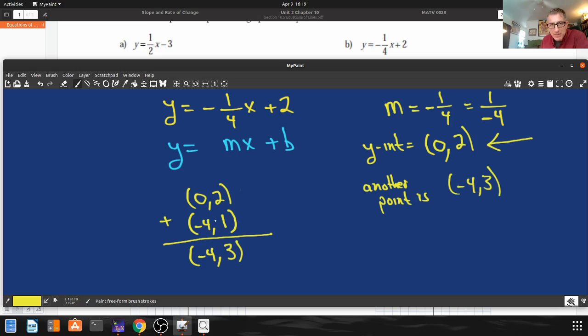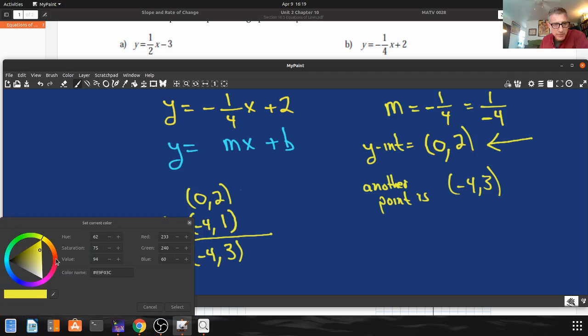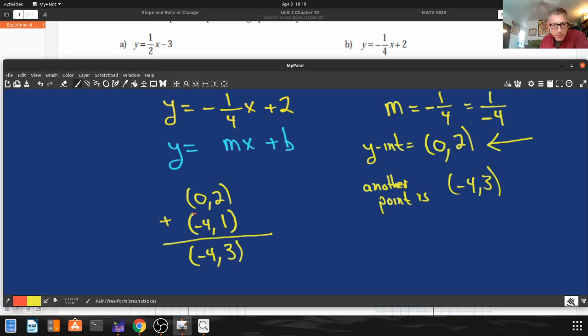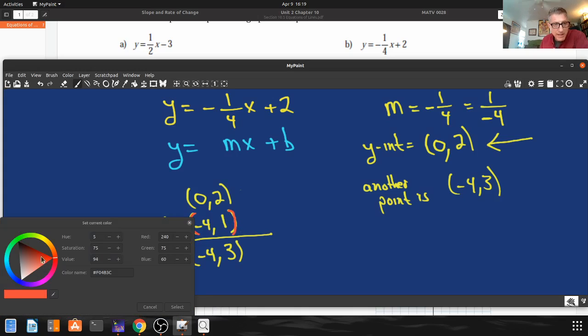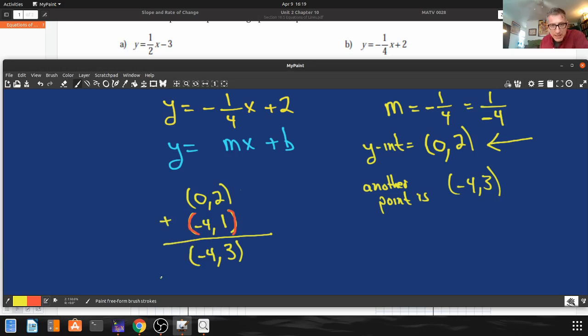Notice that we could repeat this indefinitely. What stays the same as my adder point? This point right here. So if I wanted to find yet another point, if those two points were too close together, I could take the result of my addition, put it up here, minus 4 and 3, then use my adder point again. It does not change.